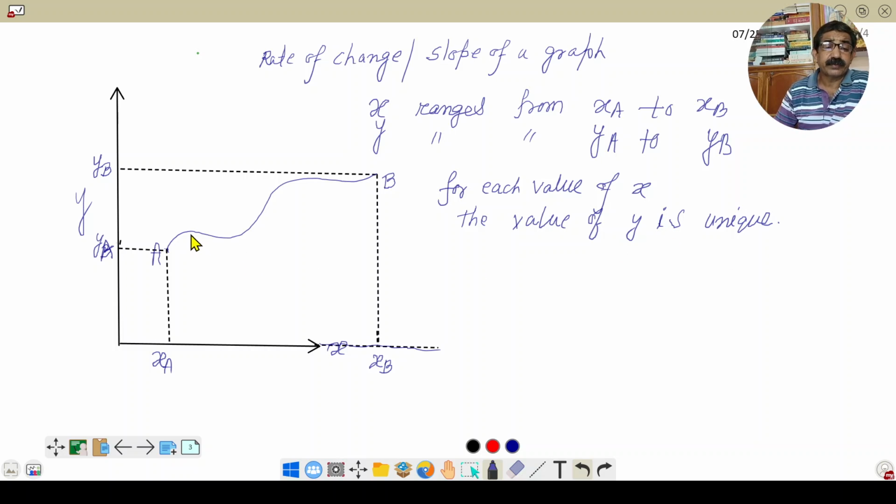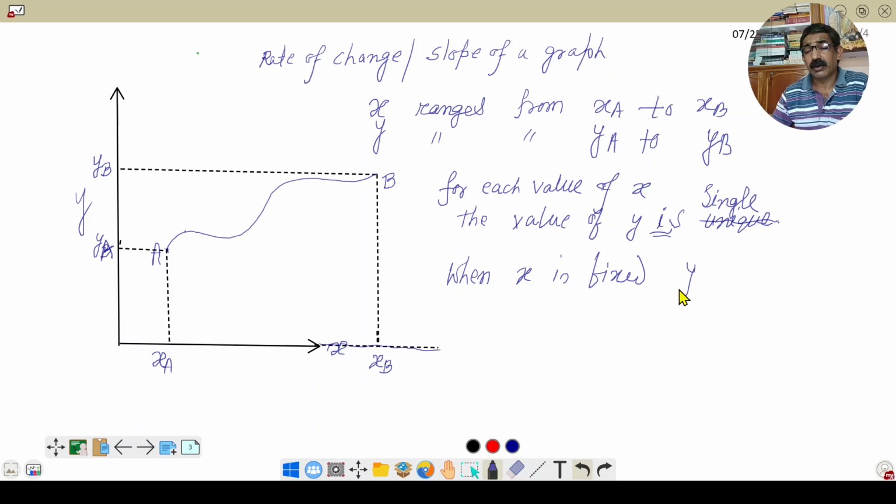That means there is a unique value, or only one. If this language seems difficult, the value of y is single. Only one value. For each value of x, when x is fixed, y is also fixed.